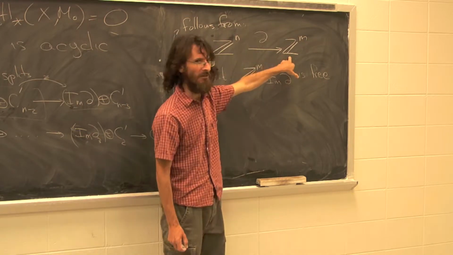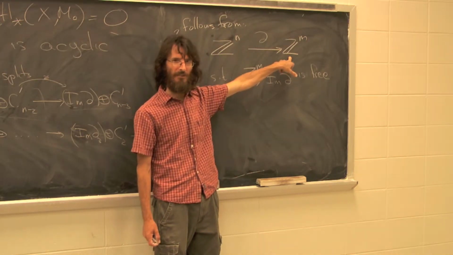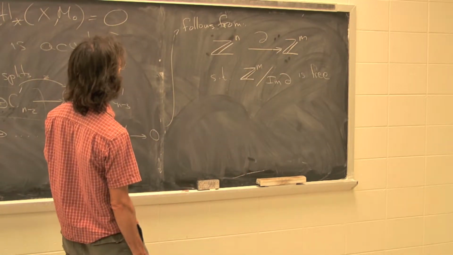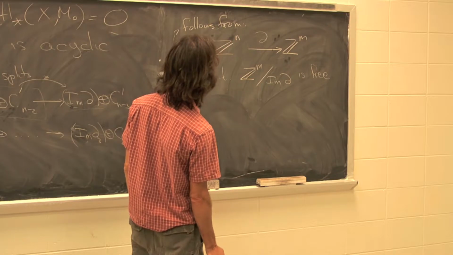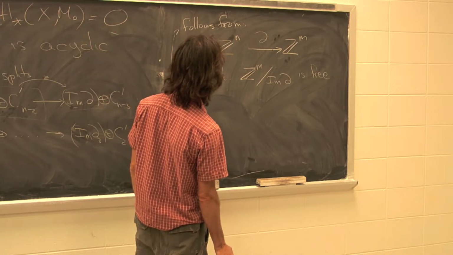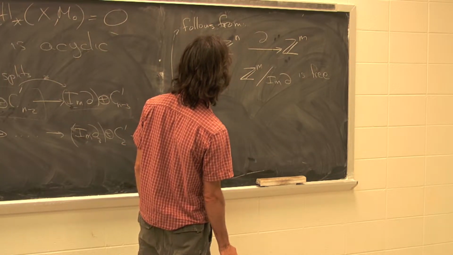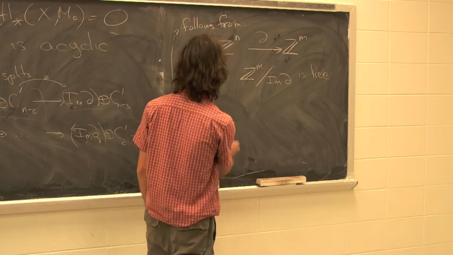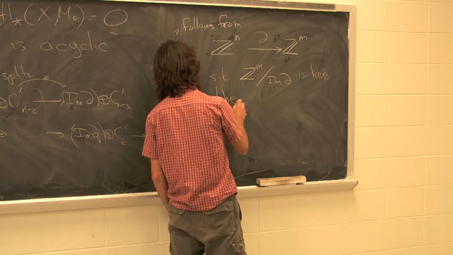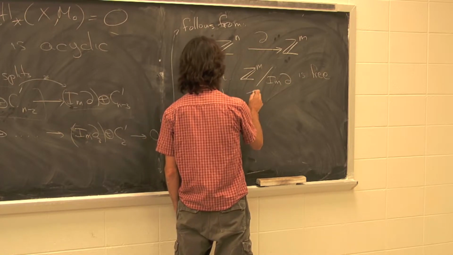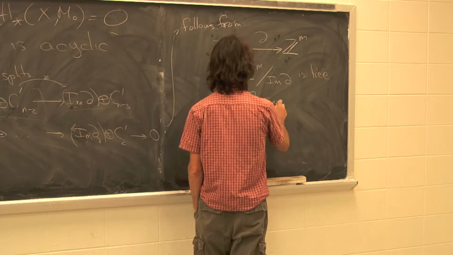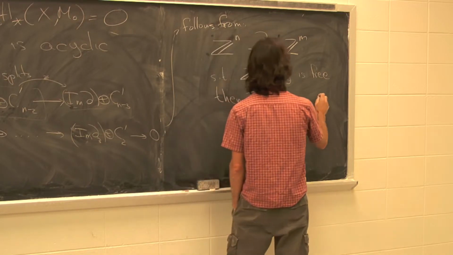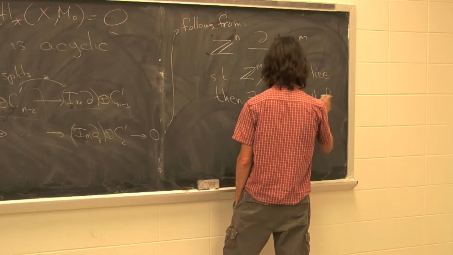In general, the image could be something, so I get torsion, right? But if I get a free abelian group when I take the quotient, then what I want to say is, there exists a subgroup H in Z^M.